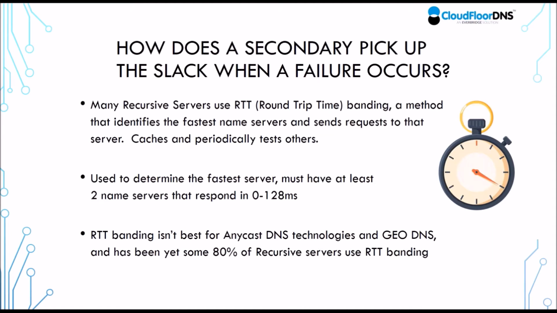Anycast is one of those technologies that helps. You don't have to use RTT banding, and we're seeing less and less of that because it doesn't work that well with anycast. The same thing goes for GeoDNS. About 80% of the recursive servers still utilize RTT banding, but there are definitely some newer servers out there that don't, that may or may not work better.